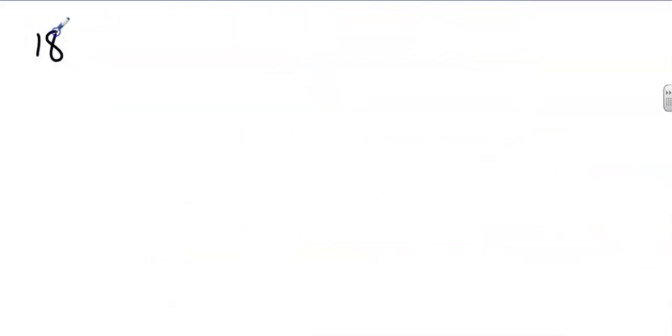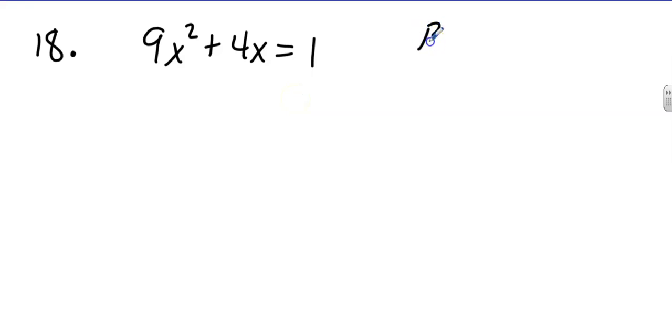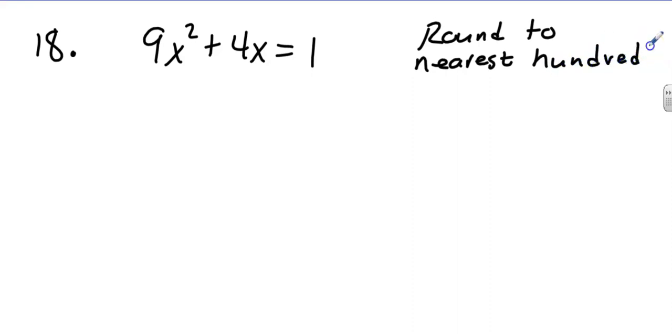All right, and 18 is 9x squared plus 4x equals 1. Okay, and we're going to round to the nearest hundredth.